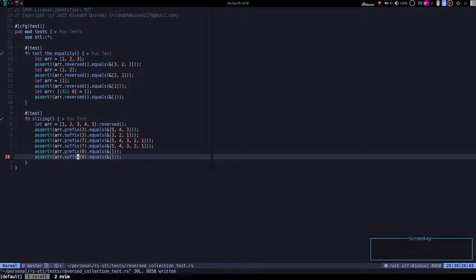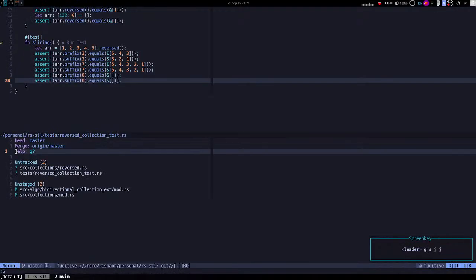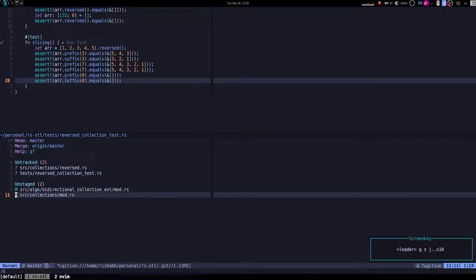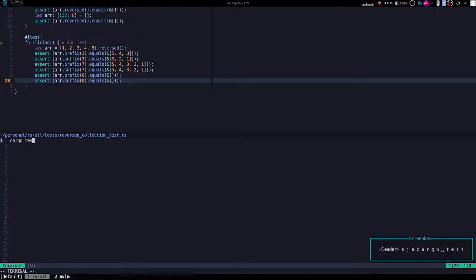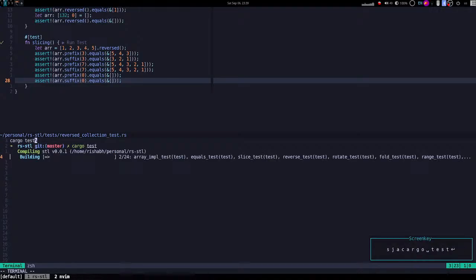We have done the equality. We have done the slicing. Right, I think it's a quite nice thing, and I can try doing a cargo test.